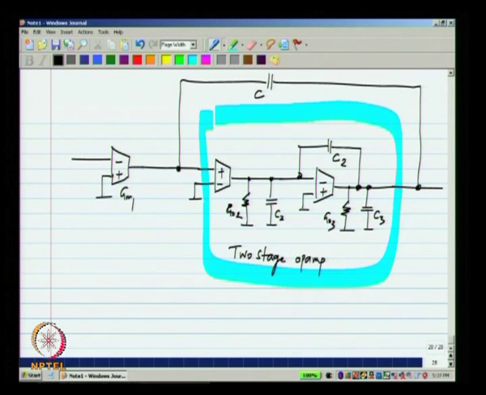I will call this GM1. It could have an output conductance GO1 and there will also be a capacitance C1 over there. Okay. Sorry, this is not grounded. This is the input to the op amp V.